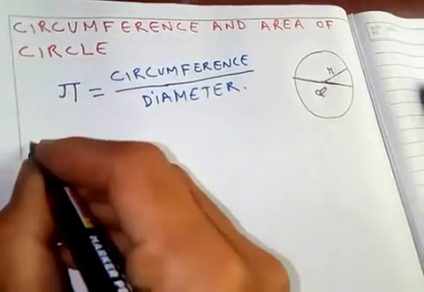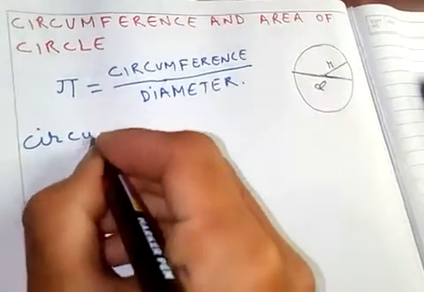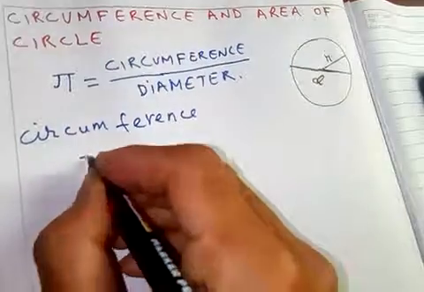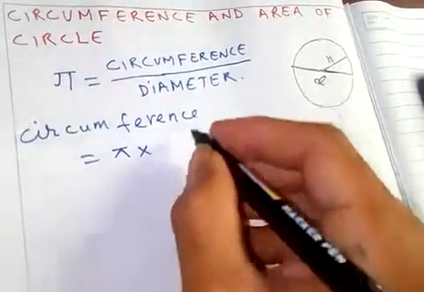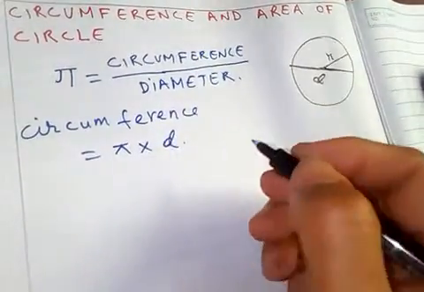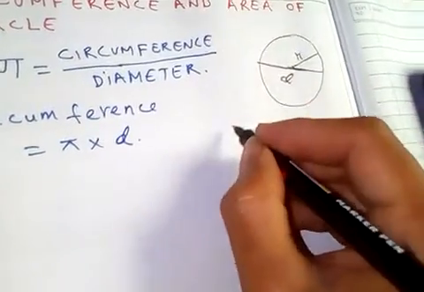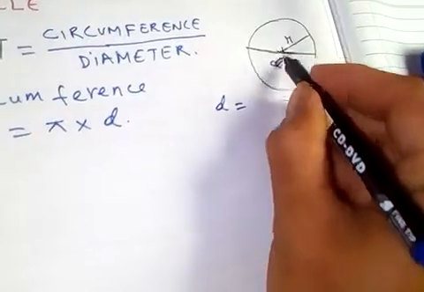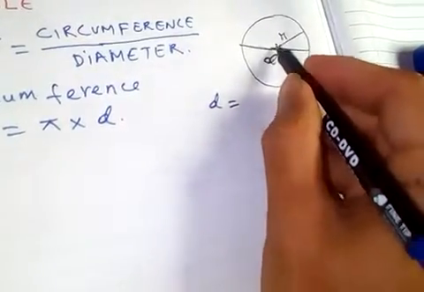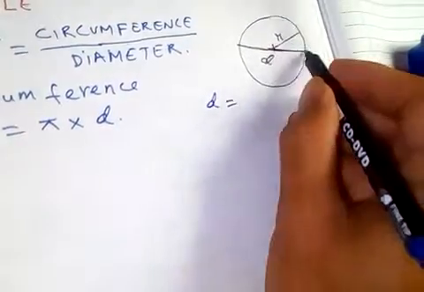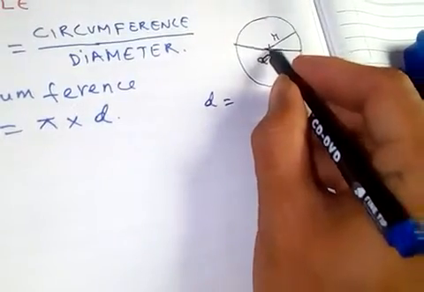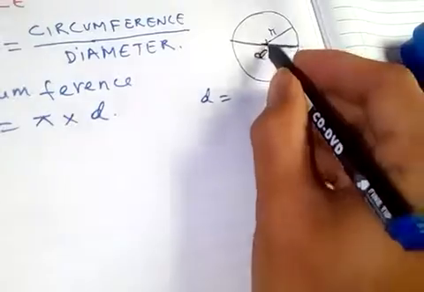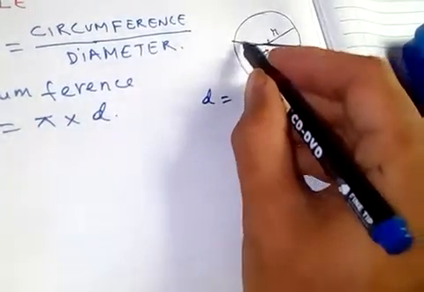Now from this, since we are going to find out the circumference, circumference is equal to pi times the diameter d. The diameter passes through the center from one end to the other end. From the center to the other end, this length is a radius, and this is also another radius.